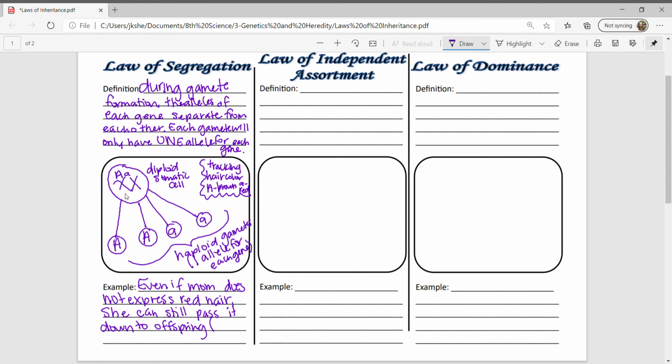Because we know that looking at her egg cells here, she could either pass down brown hair alleles right here, or she could pass down red hair alleles. So she can pass on red or brown alleles, but she cannot pass them both at the same time because remember, we only have one allele in a haploid gamete cell.